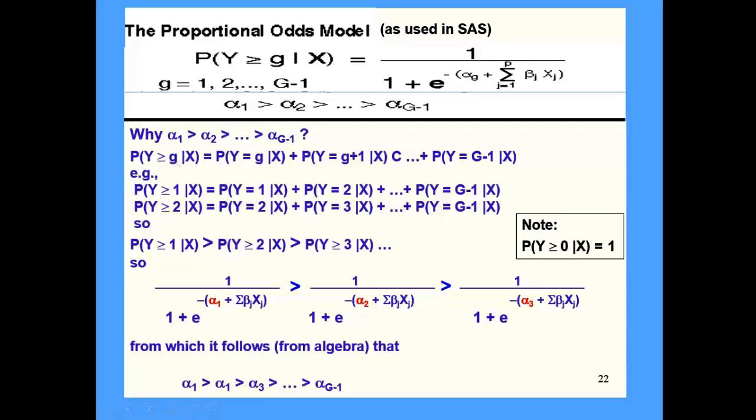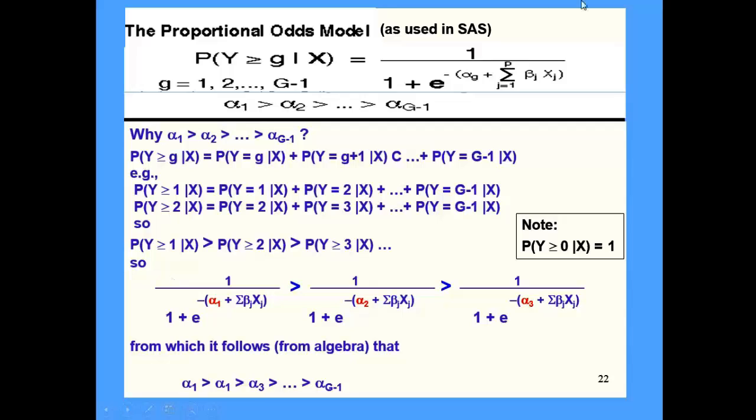Okay. Now, that's in general, but if you're talking about the probability that y is greater than or equal to 1, then you start with 1, then you go to 2, and you go up to g minus 1. When you start with probability y greater than or equal to 2, you're starting with 2, not with 1. Okay?